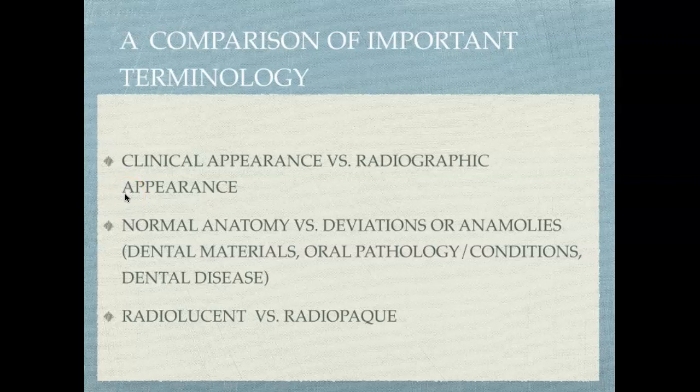We also need to be aware of what normal anatomy looks like on a radiographic image so that we can determine that we have a quality image, or whether there are deviations or anomalies to the patient's structure, their oral cavity, their dental anatomy, so that we can discuss with the doctor.